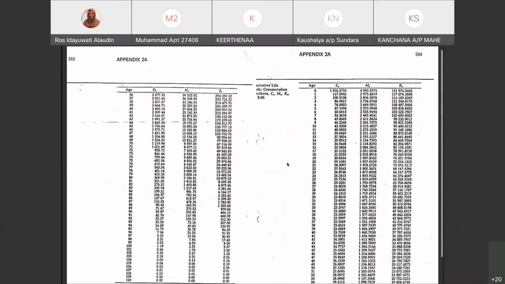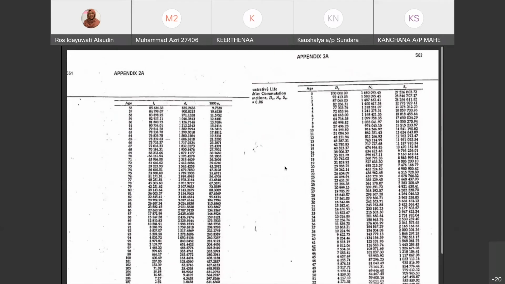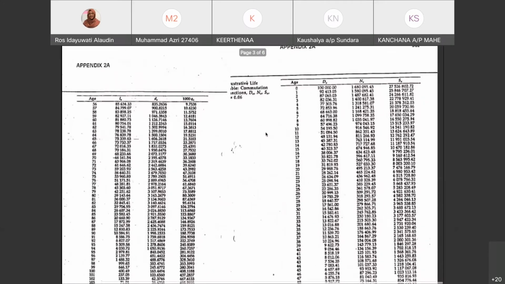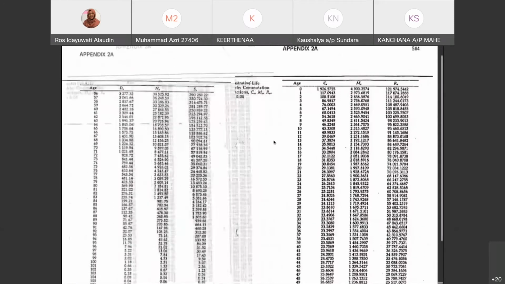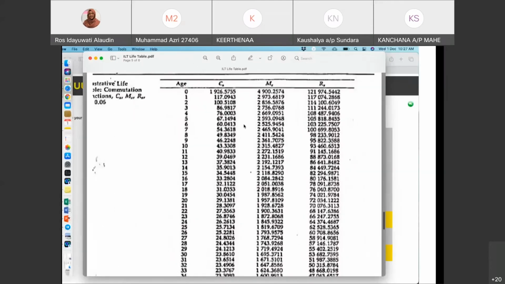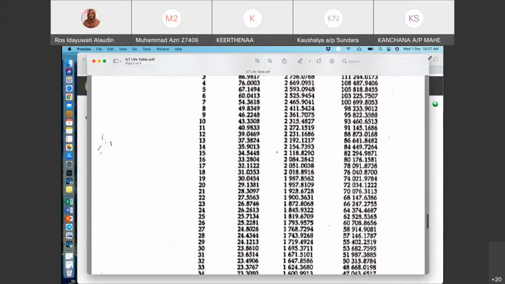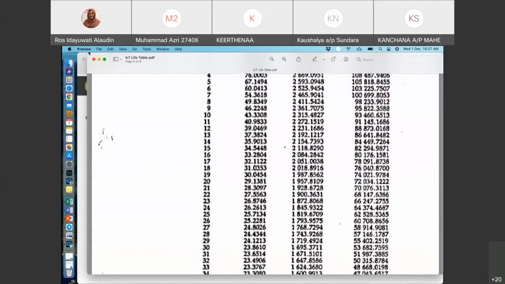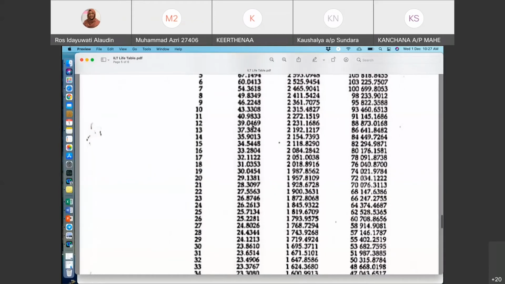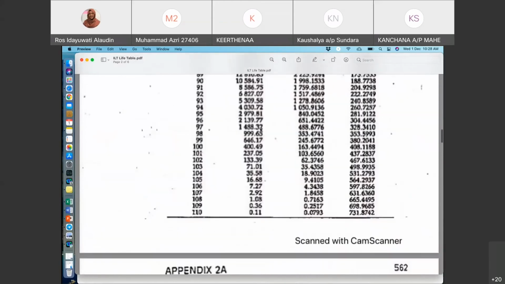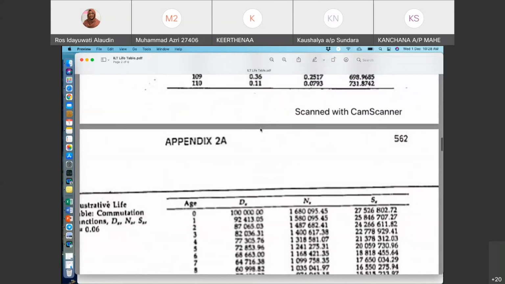Okay, so before this, we only use LX and DX in the life table. So if you go to next page, we also have the value for DX here.